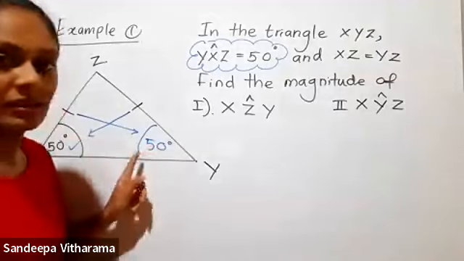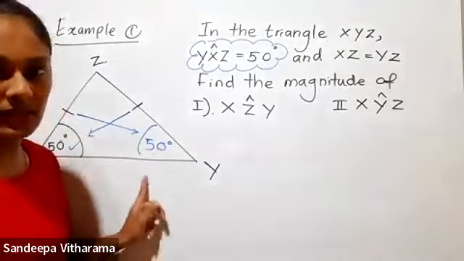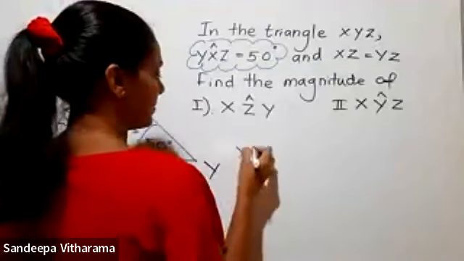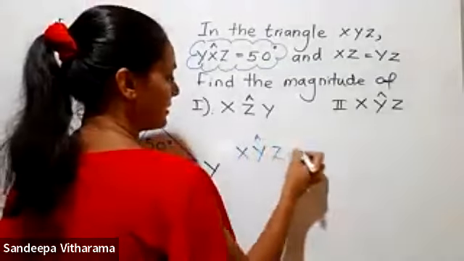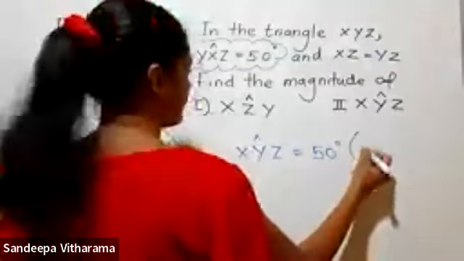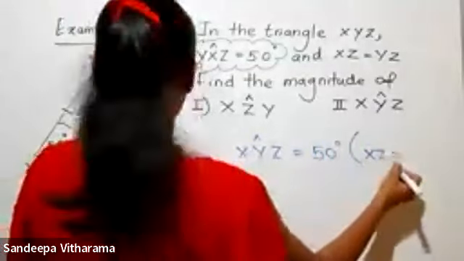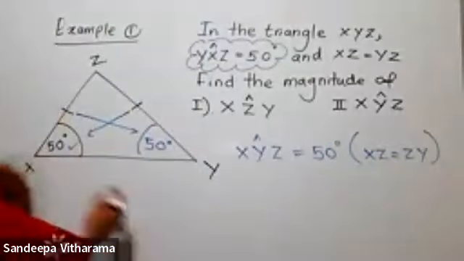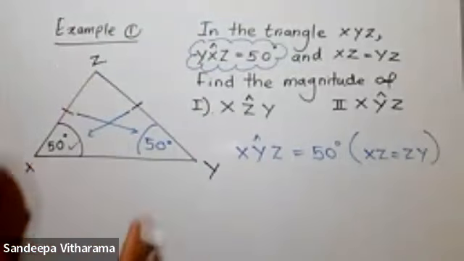Okay, then we can fill this angle. So you can identify that XYZ equals 50 degrees. It's because X equals Y. And we can identify XZY.